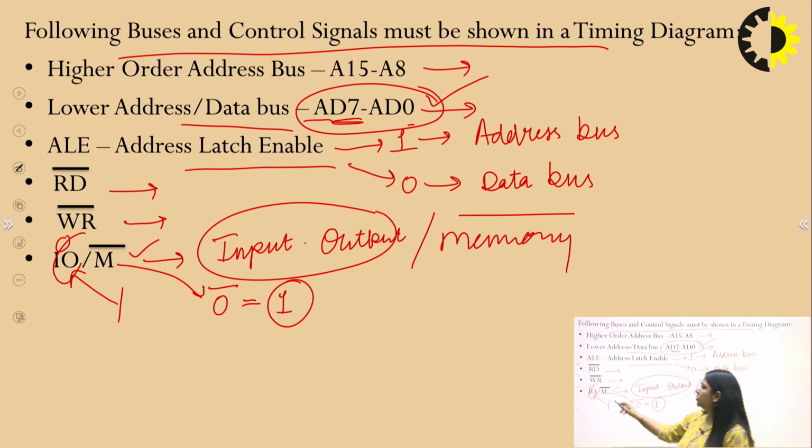So when IO/M bar is 1, the microprocessor will deal with the input output, and when IO/M bar is 0, the microprocessor will read or write data at the memory, dealing with the memory only. This is the main thing we all have to remember while covering our timing diagrams.